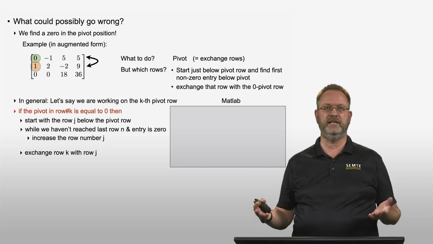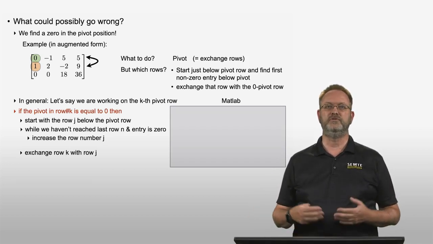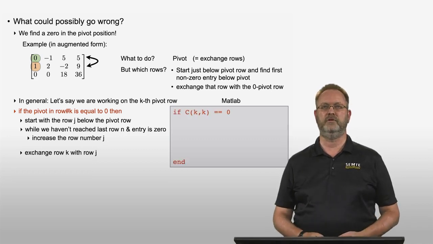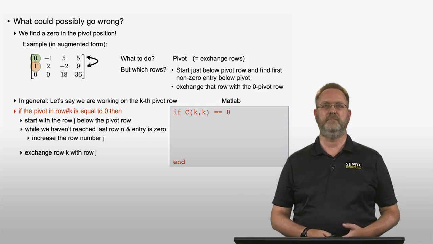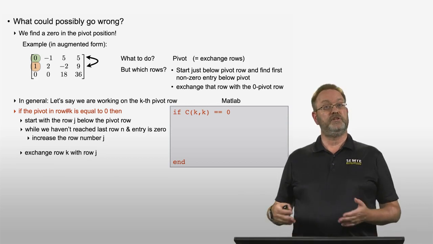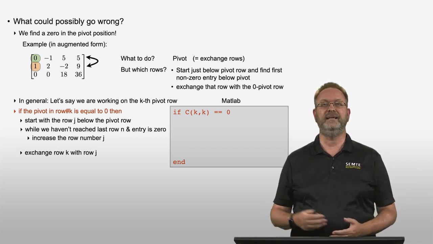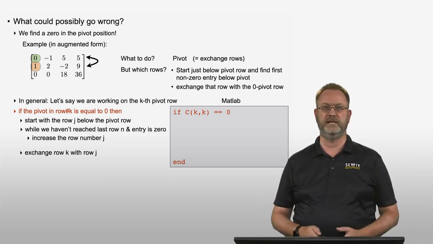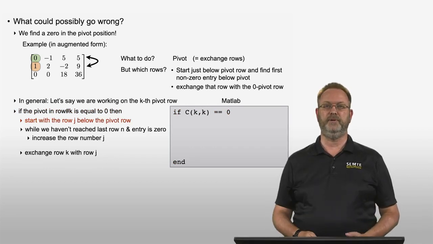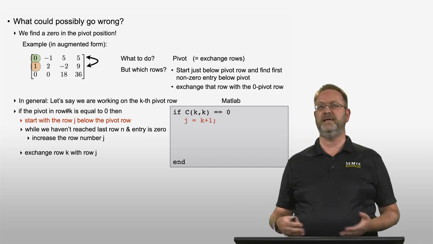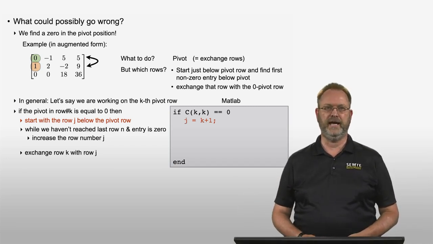The first thing we said was, if the pivot in row number k is equal to 0, then we will do something. In MATLAB, if C is the name of our augmented matrix, that is: if C at position kk, meaning row number k, column number k, is equal to 0, then we will do something. What will we do? Well, we start with the row j below the pivot row, so j would be k plus 1, the next row after our current pivot row k.